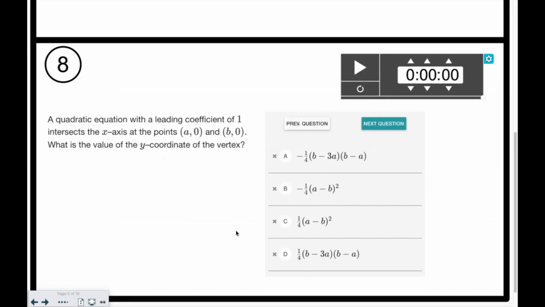I think that's a legitimate way to do it, but I am going to go over the more mathematical way.